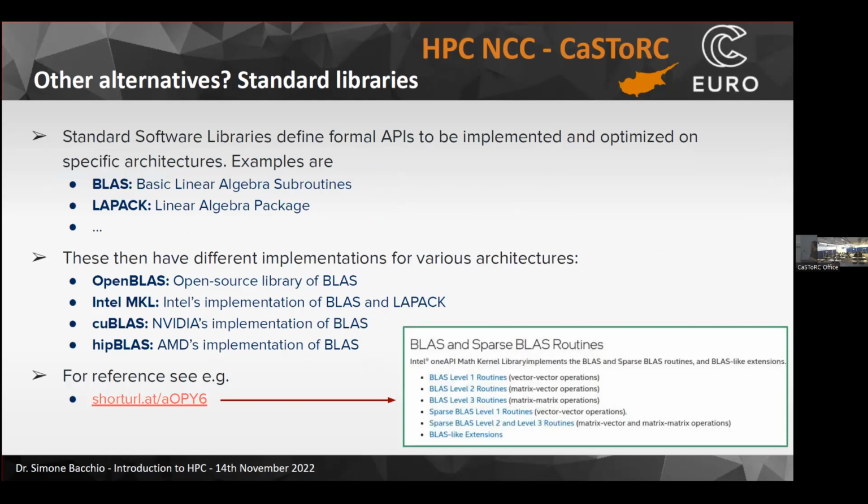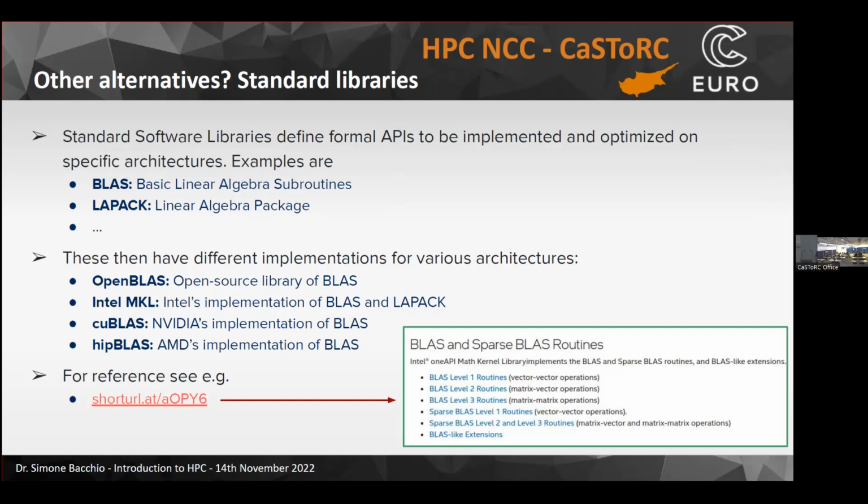Another alternative for producing code that is portable, so that you can use it on any hardware, is by referring to what are named standard libraries. I don't know if any of you ever heard about BLAS. BLAS stands for basic linear algebra subroutines. LAPACK is another standard library, a linear algebra package.